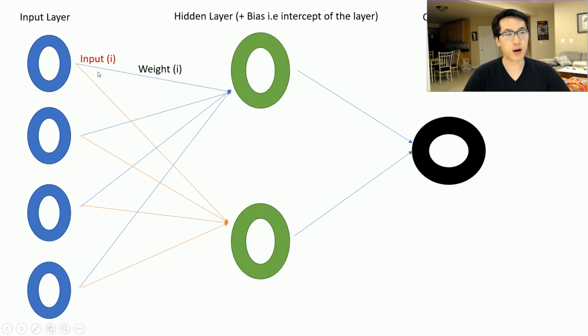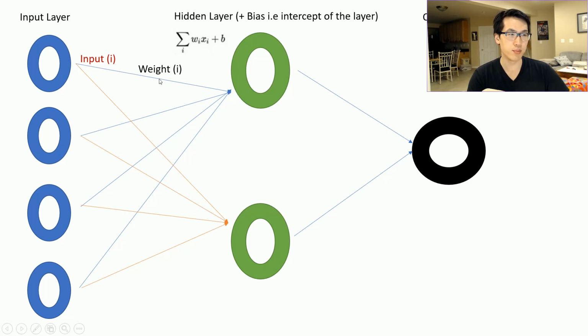Now, the second part: we're going to have the input over here, and we're doing dot products, or matrix multiplications, of your input and your weights, and you generate some value.